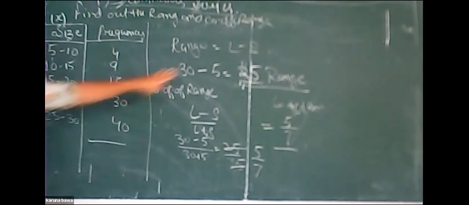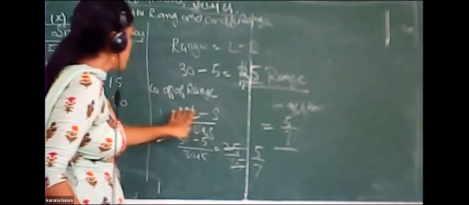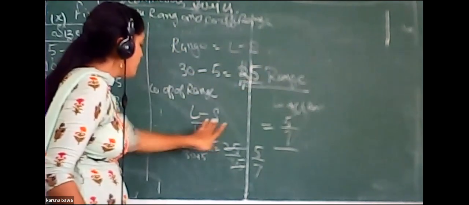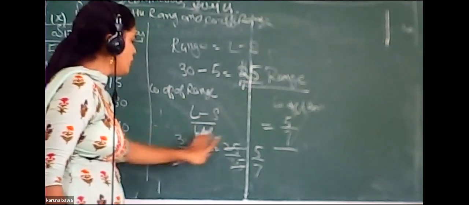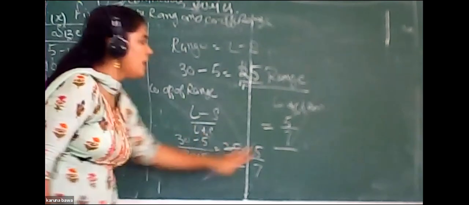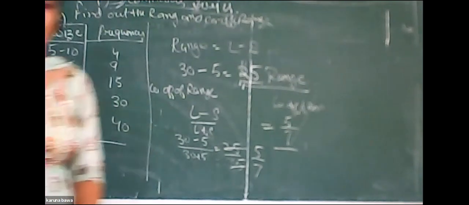The range is L minus S, largest value minus smallest value, and the coefficient of range is L minus S divided by L plus S, largest value minus smallest value divided by largest value plus smallest value. After this, we find out the answer of range and coefficient of range.